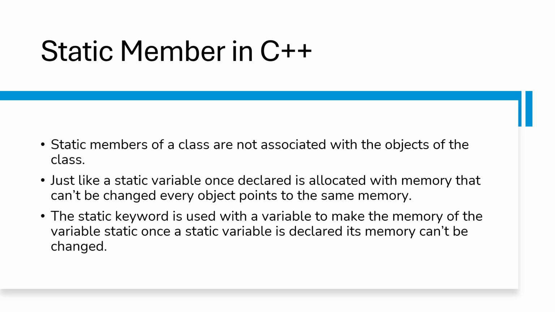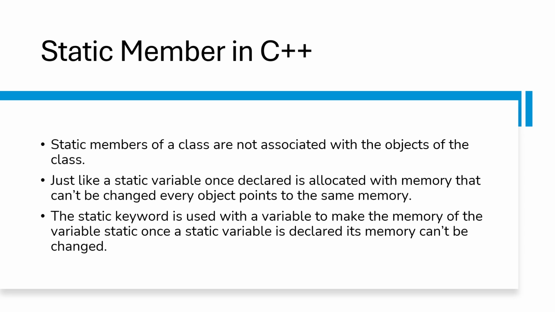For one class name we can create any number of objects, and through each object we can access the data members and the functions. However many objects we create, that much memory space is allocated. This is how normal variables work, but with static members we are going to use a common space.